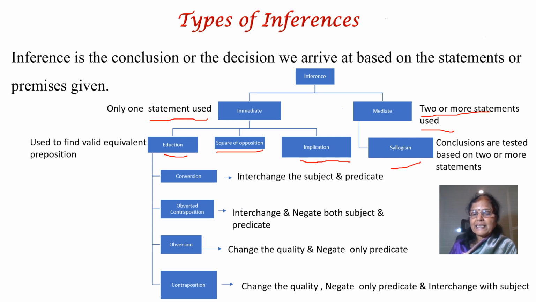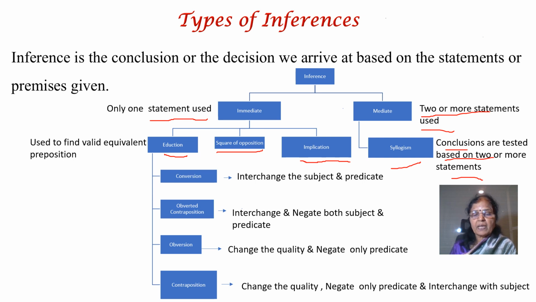And you are going to test each and every conclusion one by one based on the statements given. That is syllogism. We will see the problems. That is mediate, where you are using two or more statements. If you are using only one statement, it is immediate inference, and it can be of deduction type, square of opposition, or implication.